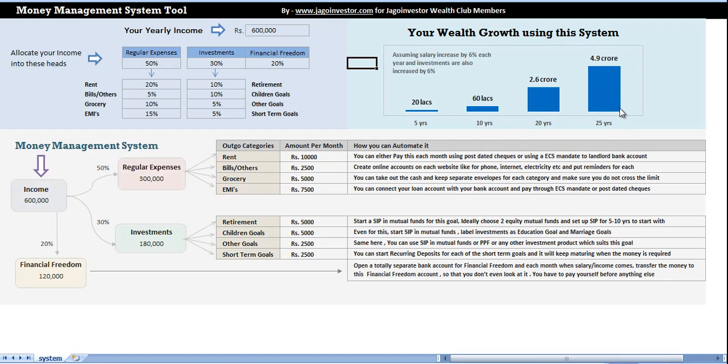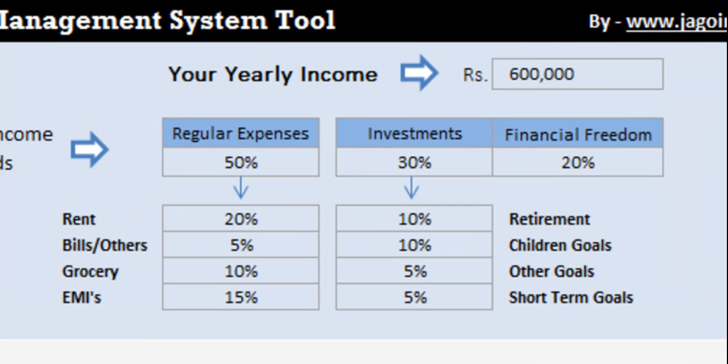Now we have made this calculator for the other program which we had, that is Power of Automation in your Financial Life, and this tool comes from there. So what you do here is you define a system in your financial life: how much percentage of your income should be part of your regular expenses, how much should go into investments, how much should go into your financial freedom, and then out of the regular expenses, how much should be rent, how much should be bills.